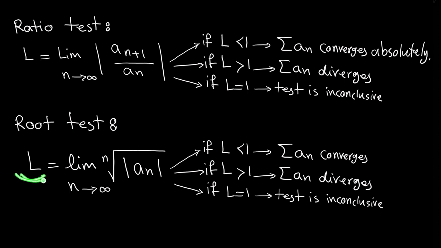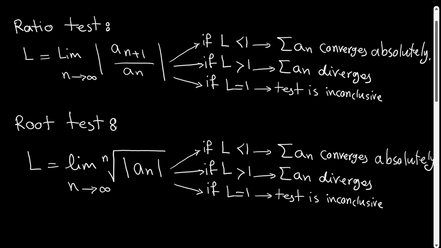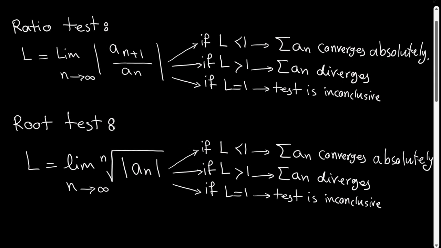If the constant is less than 1, then the series converges and converges absolutely. If the answer is greater than 1, then the series diverges, and if it's equal to 1, this test is also inconclusive. Now let's see some examples on the root and ratio tests.